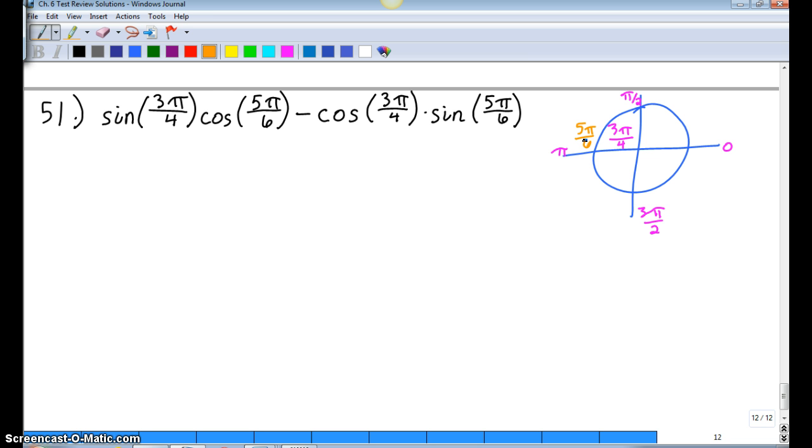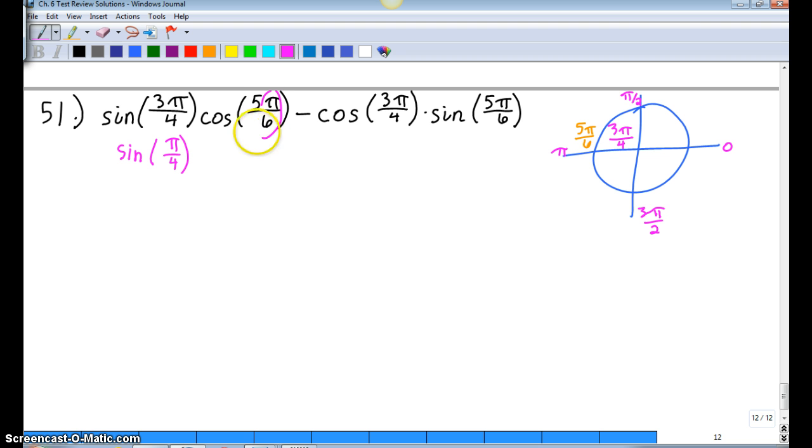In other words, we need to keep in mind, when we evaluate sine 3 pi over 4, our reference angle is going to be sine of just pi over 4. Remember, you can really just focus on the pi over your denominator, pi over 4.